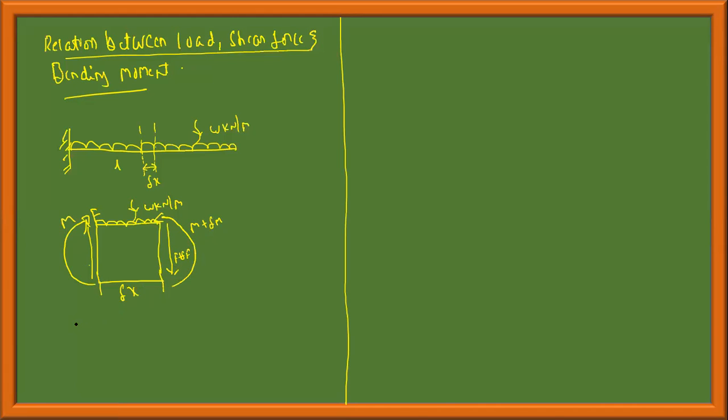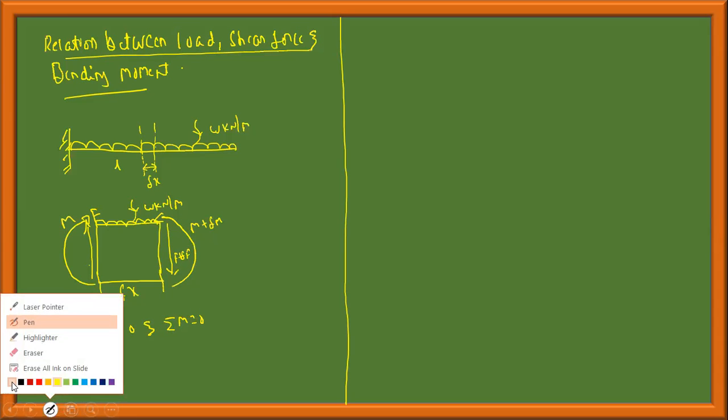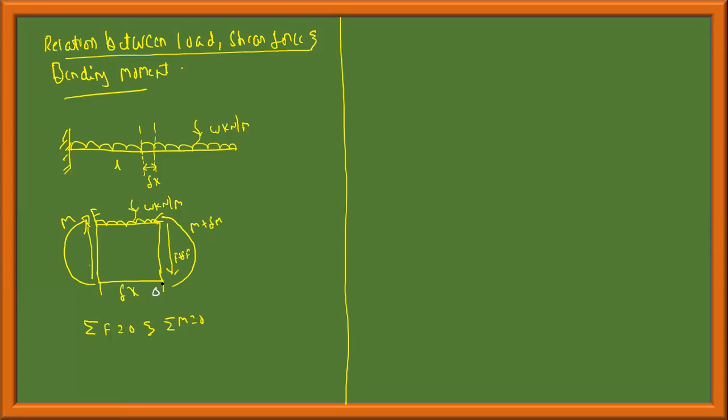Now for equilibrium, summation of forces should be equal to zero and summation of moments should be equal to zero. I take this point O. The summation of forces is equal to 0. In this case, summation of forces is only in the y direction.